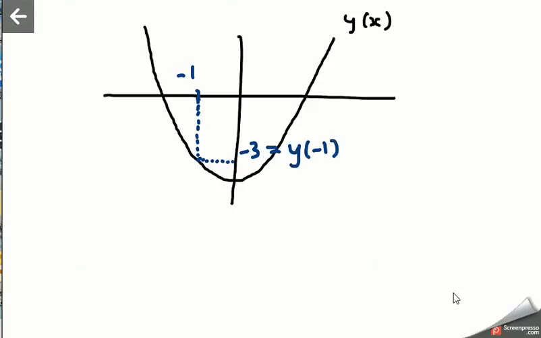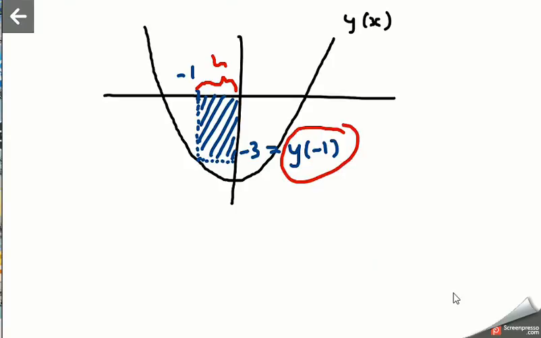If we were going to calculate our rectangles in the same way as before, this distance here was our h value, and the height of our rectangle, in quotes, would have been y of -1, which was -3. So we're actually going to have the negative of whatever this area was.